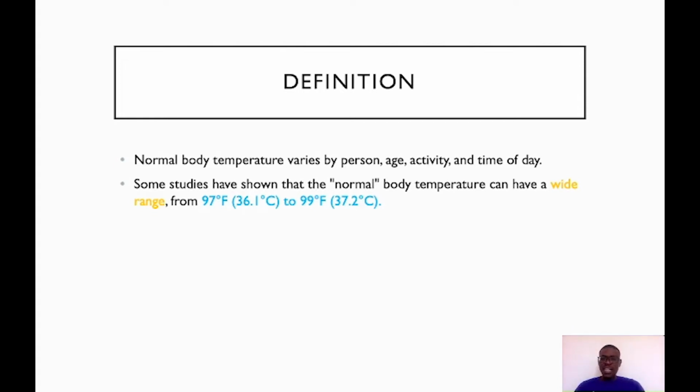And that range of a normal body temperature is between 97 degrees Fahrenheit, or 36.1 degrees Celsius, to 99 degrees Fahrenheit, or 37.2 degrees Celsius. Okay, so those are the normal body temperatures. That's a wide range. That's an average range of normal body temperatures of a human being.